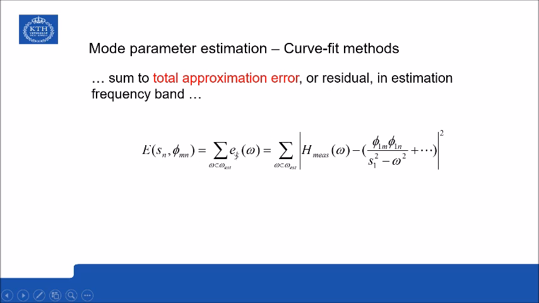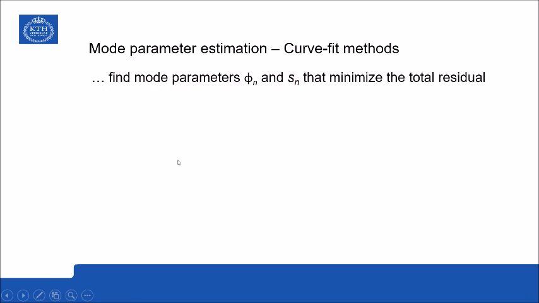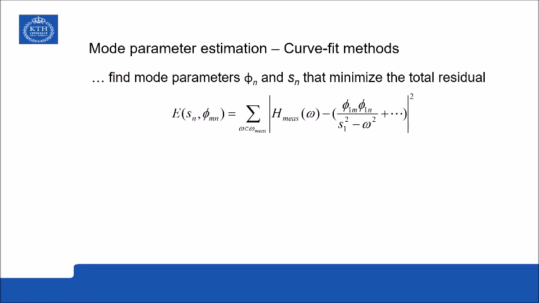So we simply sum all local residuals over the estimation frequency band like this, and then we get capital E, which is the total approximation error, and which is a function of the system poles and the mode shape vector components. In order to find the best possible mode parameters, we have to minimize the total residual, or the total approximation error. That is, this function has to be minimized with respect to the system poles and the mode shape vectors.